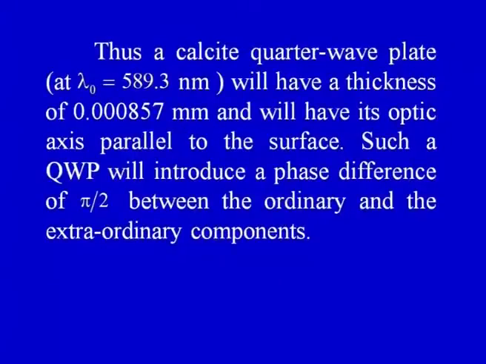Thus, the calcite quarter wave plate at lambda equal to 589.3 nanometers will have a thickness of 0.000857 millimeters and will have its optic axis parallel to the surface.